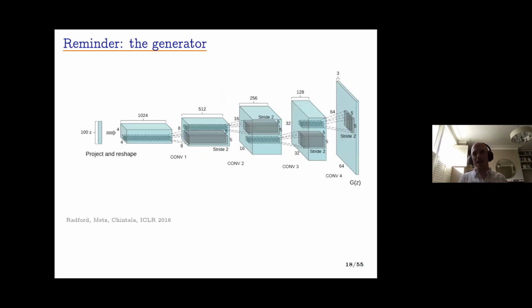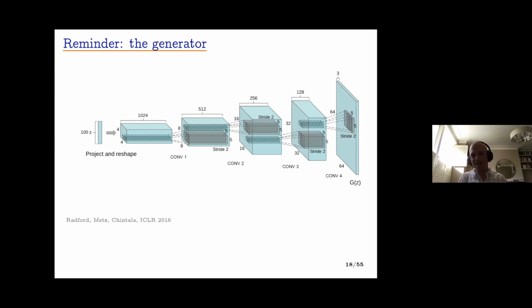Just as a reminder of what the generator is doing, this is a classic instance of a generator here. It takes a noise distribution on the left-hand side from some known distribution, say Gaussian, and it pushes this noise distribution through a bunch of filters and outputs samples in a much higher dimensional space.